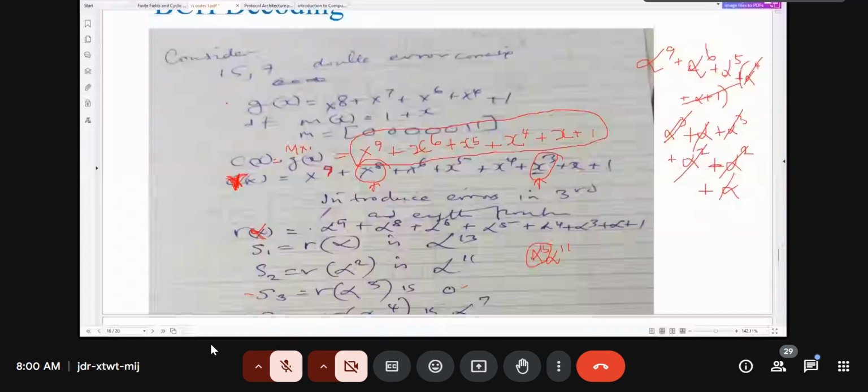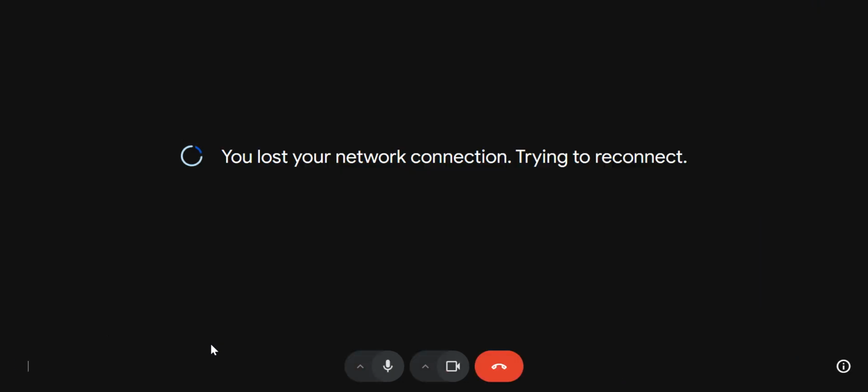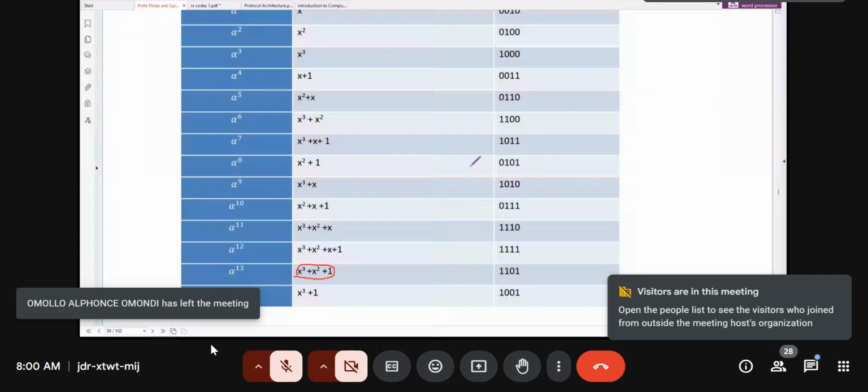Of course, you are wondering how alpha to the power of 13 is coming in, and this does not even have x to the power of 13. It is because alpha to the power of 13 means what you are going to end up getting is this, and when you get this, that is alpha to the power of 13. I hope that's clear.